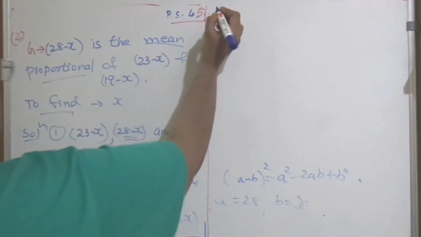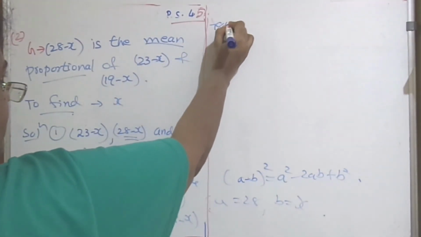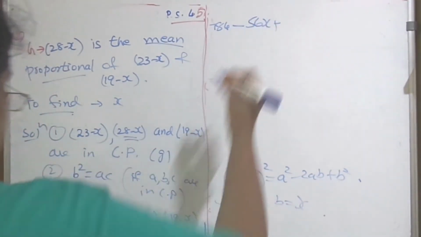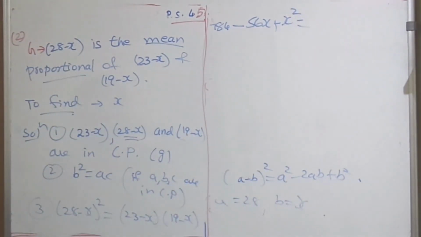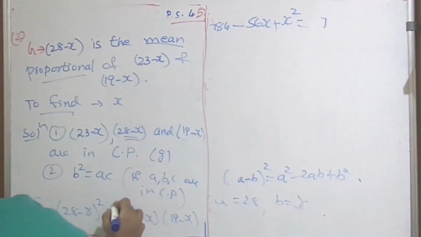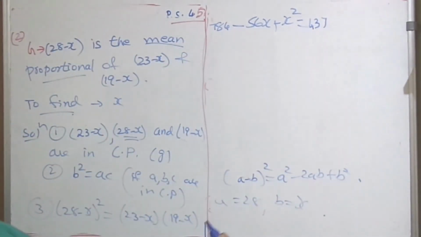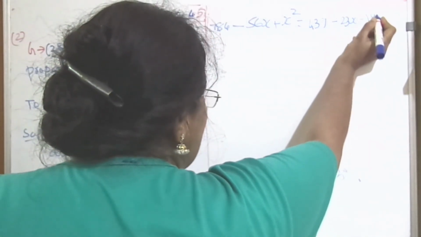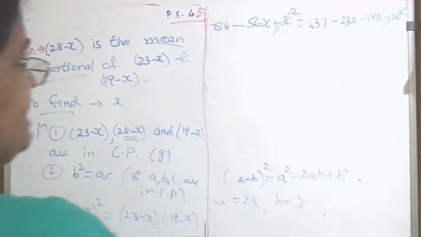Here you will get 28 square, which is 784, minus 2 into 28 into x, 56x, plus x square, is equal to (23 minus x) into (19 minus x). 23 into 19 is 437, minus 23x minus 19x plus x square. x square on both sides gets cancelled.